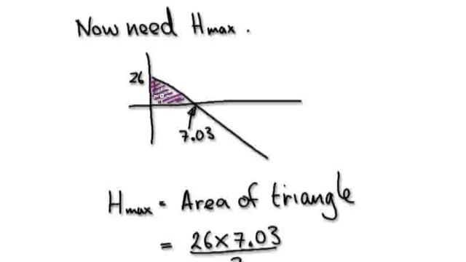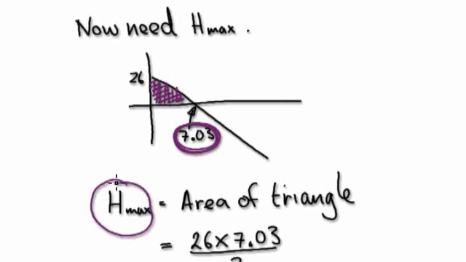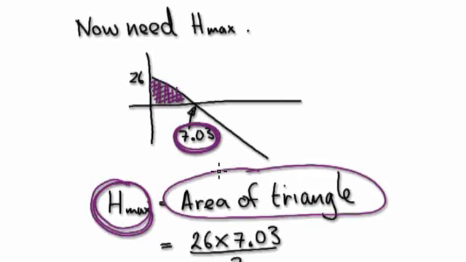So the maximum height is given by, remember, we just worked out the time it takes to get to the maximum height. So we need to work out this area here. That will represent our maximum height. So height max, maximum height, which we're going to use this symbol here, h max, equals the area of the triangle.